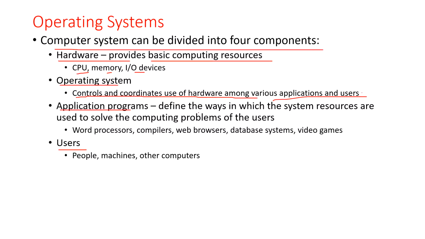Application programs define the ways in which the system resources are used to solve the computing problems of the users. They can be word processors, compilers, web browsers, database systems and even video games. The users can be people, machines or other computers, who can write an application program to access the hardware.